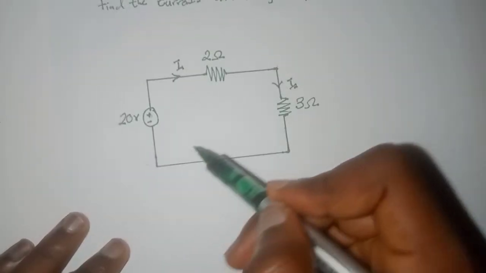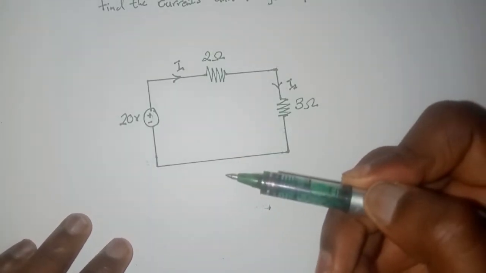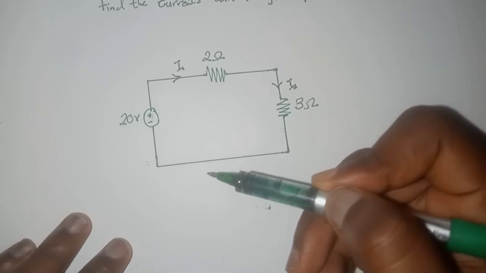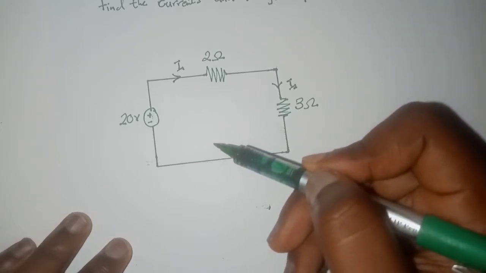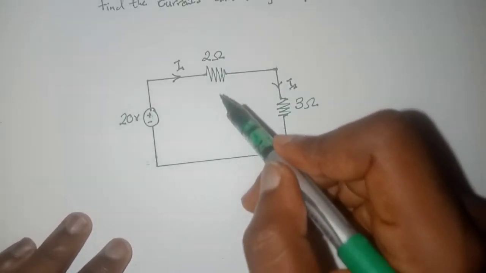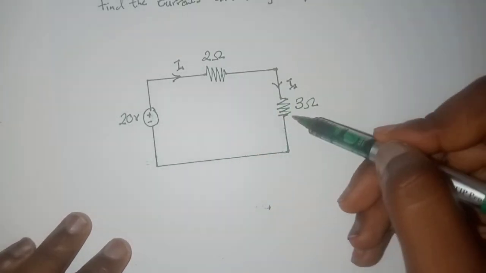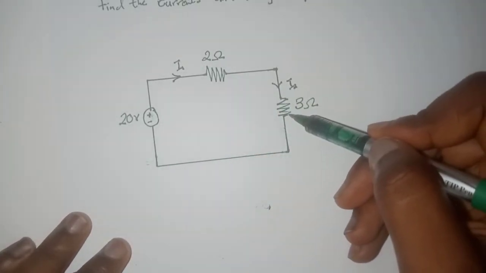Okay, then the next thing we do is label the polarity of the voltage drops. We expect a voltage drop to be across this resistor and another voltage drop to be across this resistor.